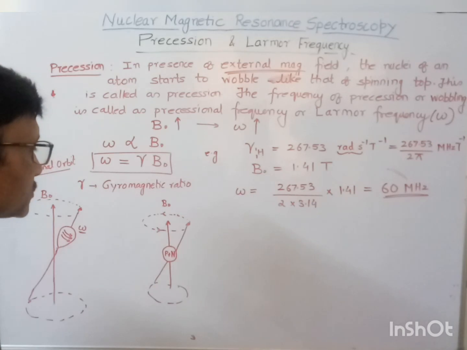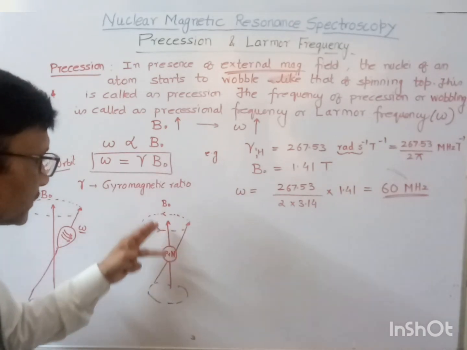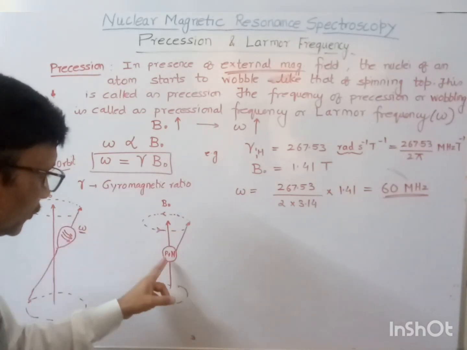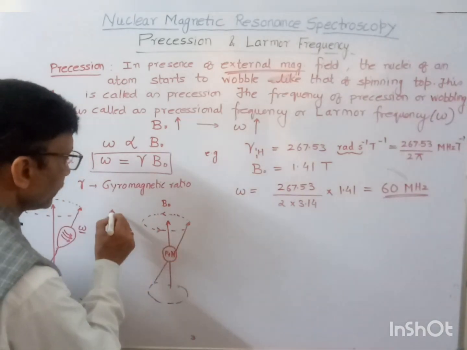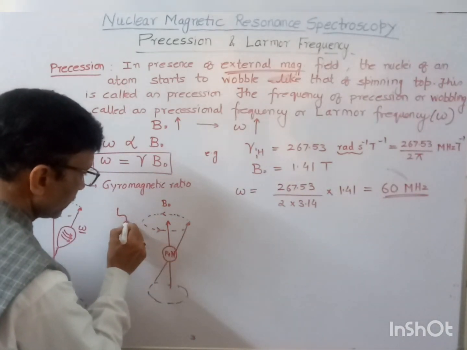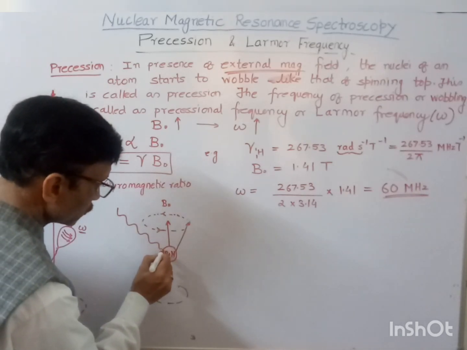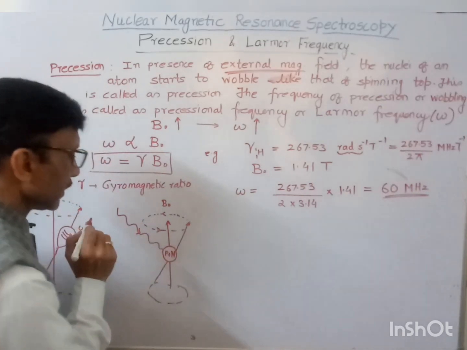Okay, now suppose in the presence of the external magnetic field the nuclei is precessing like this, and a radio frequency falls over this.